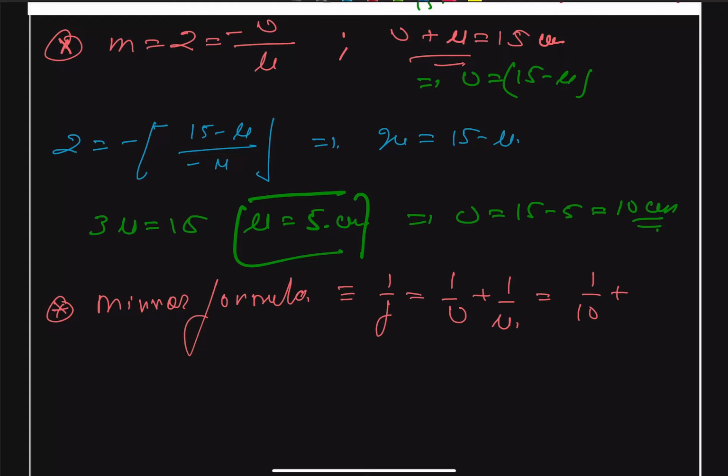Yeah, u is 5, so this becomes minus of 5, and we get 1 upon f is equal to, 10 is LCM, so this becomes 1 minus 2, giving us minus 1 upon 10. So focal length is equal to minus 10 centimeters.